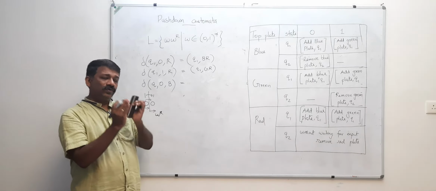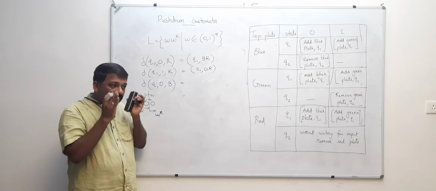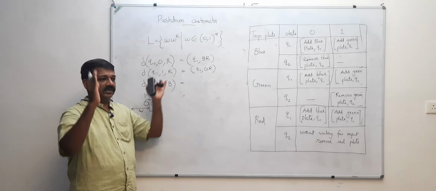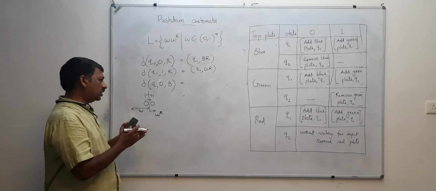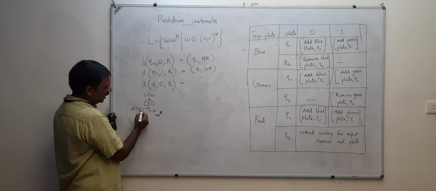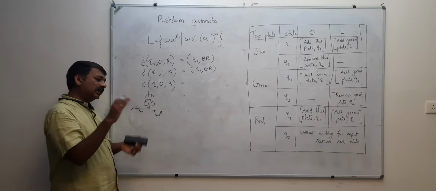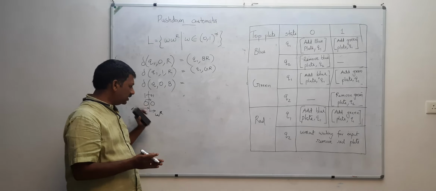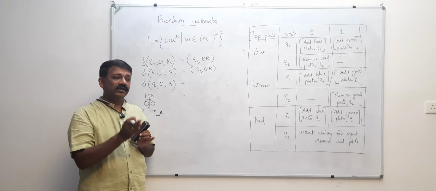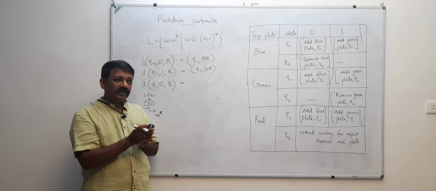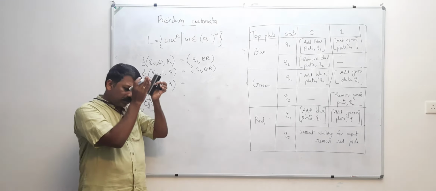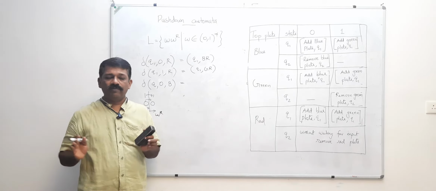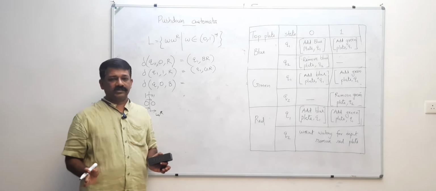In that case, it is splitting into two directions. One control is expecting the end of W, and the other control is not expecting the end of W. At this point it is diverting in two directions.